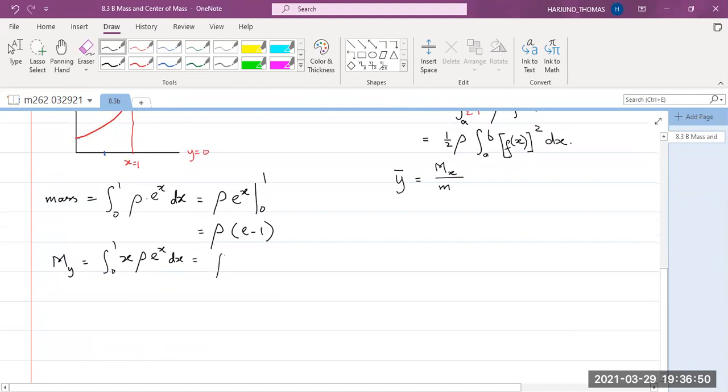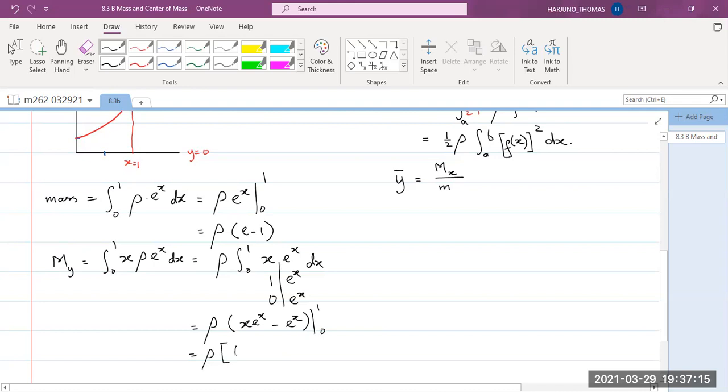Let me rewrite this first. Rho goes out. x e to the x dx, integration by parts. So that is rho times x e to the x minus e to the x, from 0 to 1. That's rho times (e minus e) minus (0 minus 1), which is just rho.